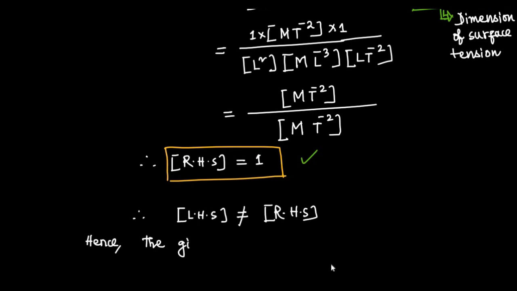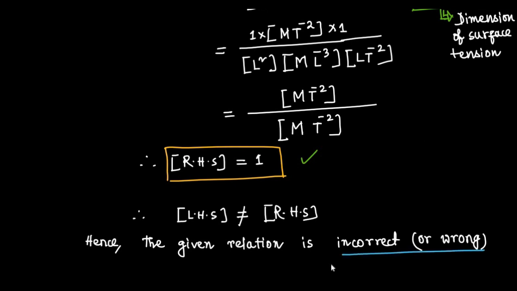Hence, the given relation is incorrect. Hence the given relation H is equal to 2 sigma cos theta divided by r square dg is incorrect, that is wrong. The given relation is not correct, so that means the given relation is not valid.